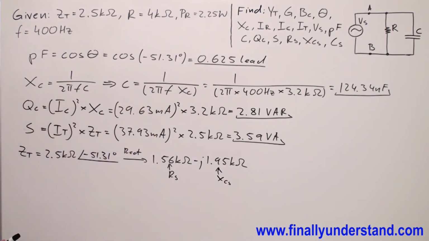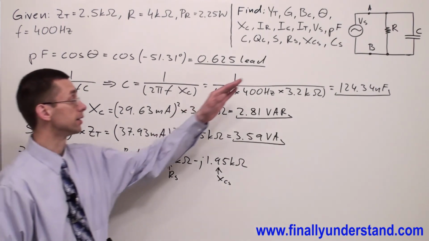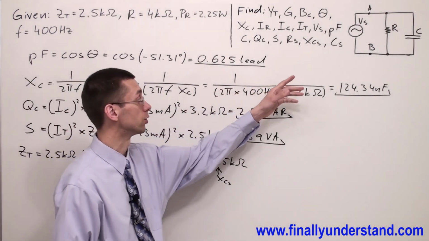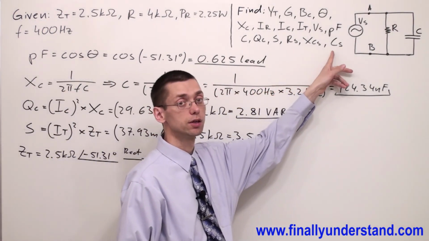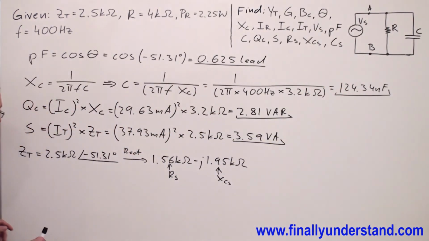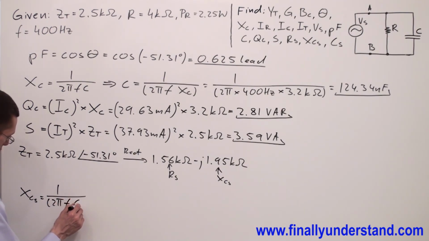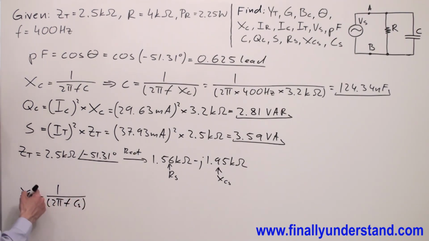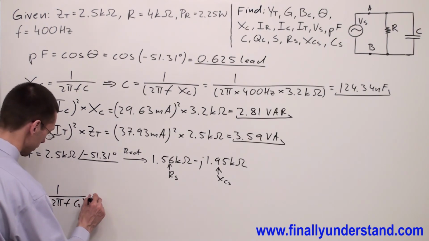Next, we're supposed to find the capacitance of the capacitor in my series equivalent circuit. So we have the formula for XCS is equal to 1 over 2 pi f CS. You have to solve this formula for CS.